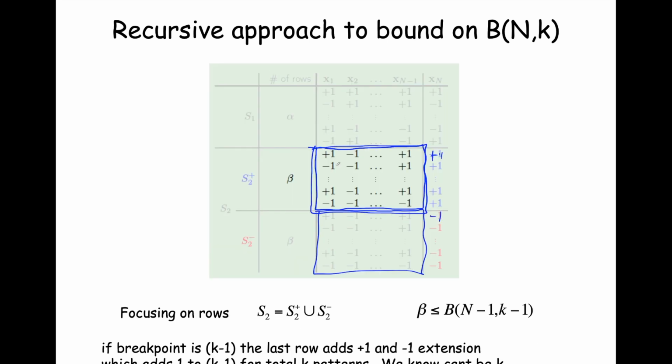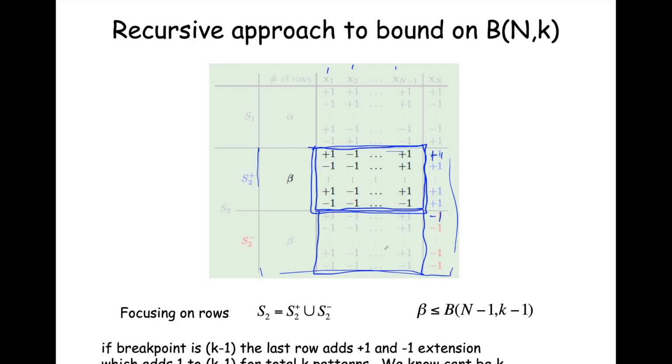And so when we refer to just this S2 plus region, one of those non-unique dichotomies, here we're focusing on a subset of the rows, and we refer to this beta as just going to be the count, the upper bound of the number of dichotomies on a data set of size n minus 1, still n minus 1 because we only include the patterns on the first n minus 1 positions in the table, and the breakpoint is now k minus 1 because this represents a halving of the total number S2 that we had from before.